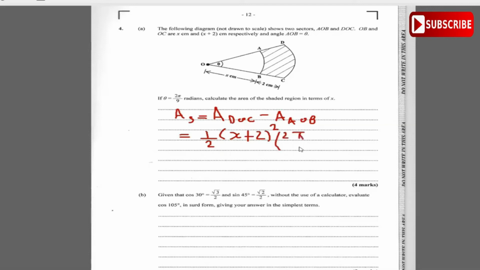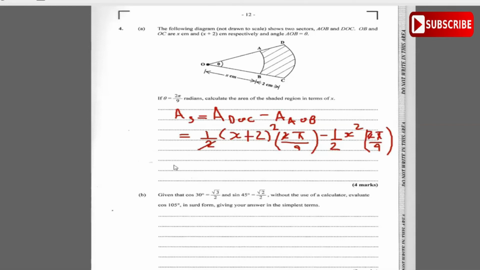So it's a half r squared theta minus a half r squared theta. In this case, r is x, so it's a half x squared 2 pi by 9. Now, maybe you want to simplify this. It's up to you. You can notice that this 2 is going to cancel this 2, and this 2 cancels this 2.